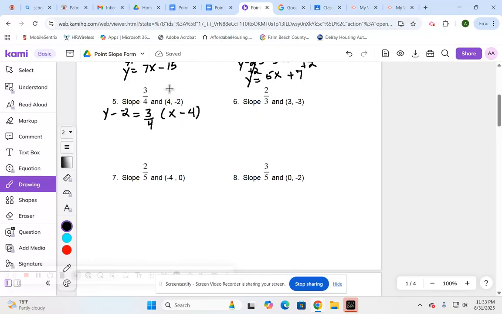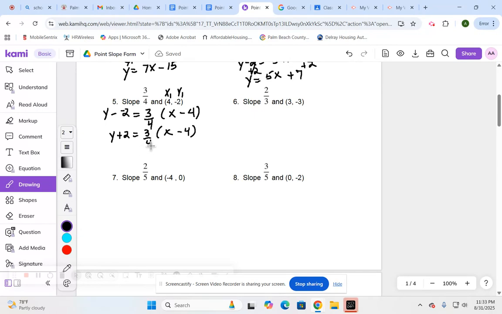Remember, this point here represents our x sub 1, y sub 1 values. All right, let me simplify here. That's the same thing as y plus 2 equals 3/4 times x minus 4.